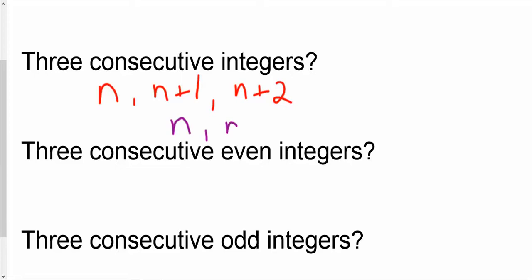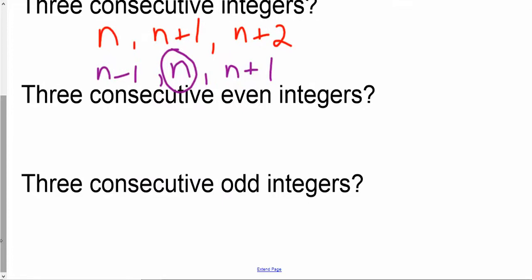And then that means that the largest integer would be n plus 1, but the smallest would be n minus 1. This is nice because if we're trying to add these up, all of these add up into 3n. And that's really helpful when solving some of these problems. Whereas if we were to try to sum these up, we would get 3n plus 3. So doing that plus 1 minus 1 sometimes pays off for us. But you have to remember that n's your middle number and not your smallest.